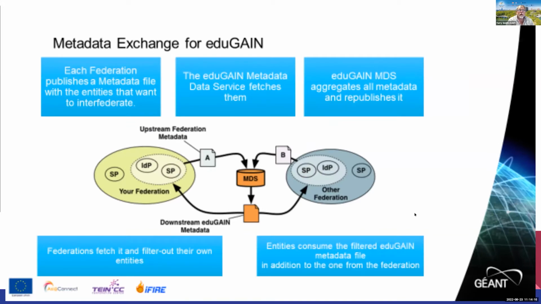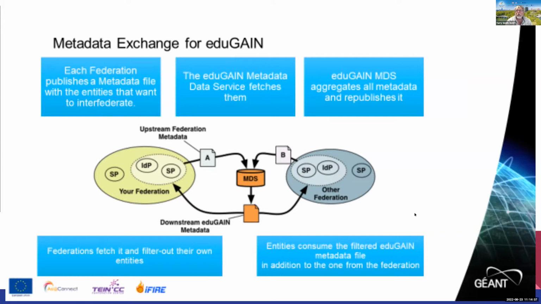We've got a metadata exchange process that occurs underneath the covers. Each federation publishes a metadata file with the entities that it wants to interfederate. The interfederation metadata service fetches these files on a regular basis. It's usually less than 24 hours.